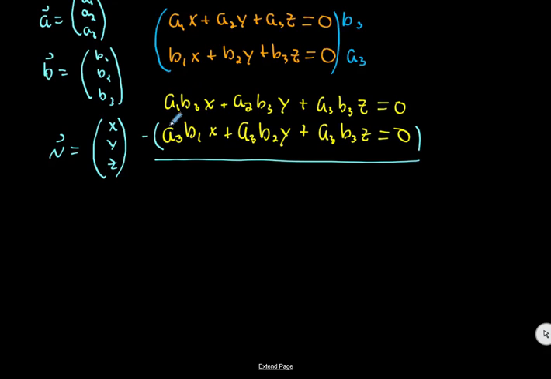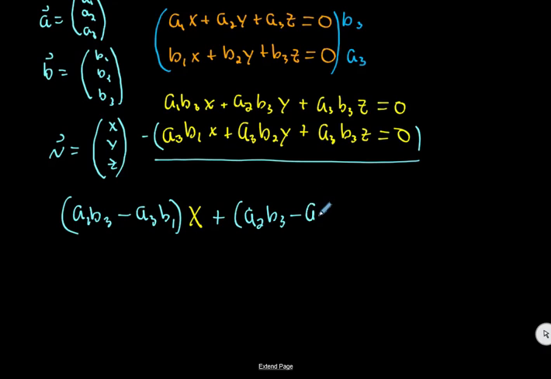So I'm going to write it over here: A1B3 minus A3B1, times x, plus A2B3 minus A3B2, times y, and that is going to be equal to 0.